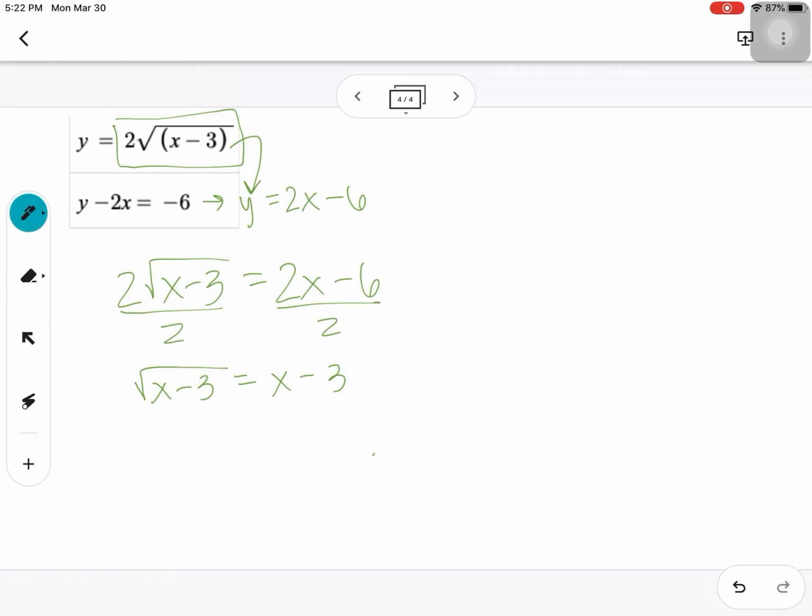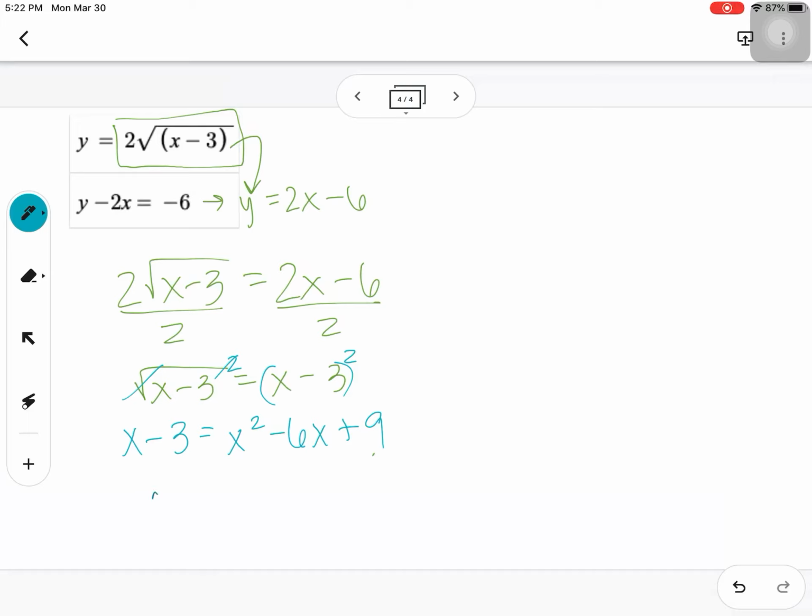Then, again, thinking back to Unit 2, to undo that radical, we are going to square both sides. On the left, that's just going to give us x minus 3 because the radical and the square cancel. On the right, I do need to basically imagine writing this twice and FOIL, and you'll get x squared minus 6x plus 9.